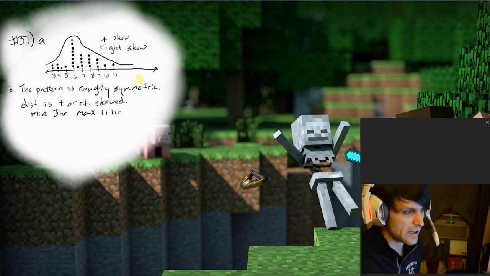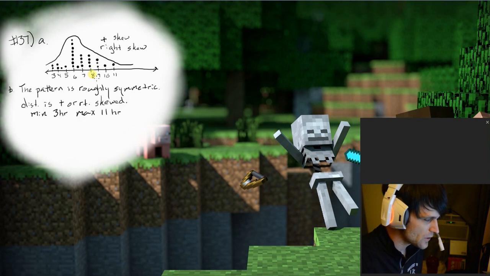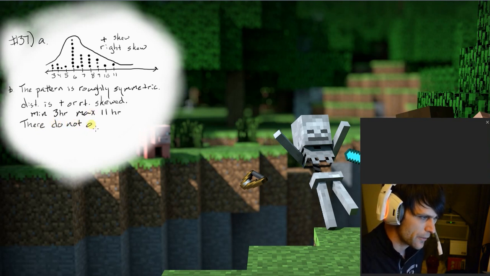That would probably be an outlier. 11 is starting to get out there a bit, but it's probably not an outlier. So I'm going to say there do not appear to be any obvious outliers.